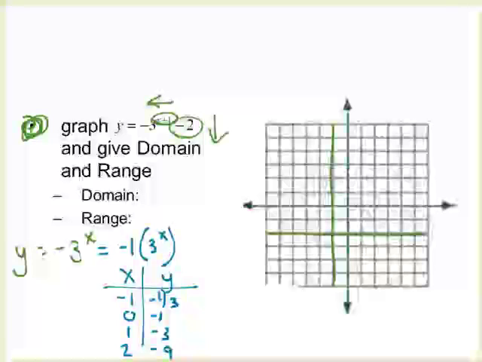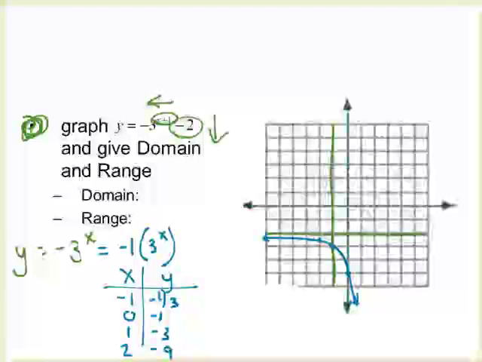So back 1, down 1/3. Over 0, down 1. Over 1, down 3. And I don't really have room to do the down 9, so I'm not going to worry about it. Follow along our shifted line, not the true x-axis.